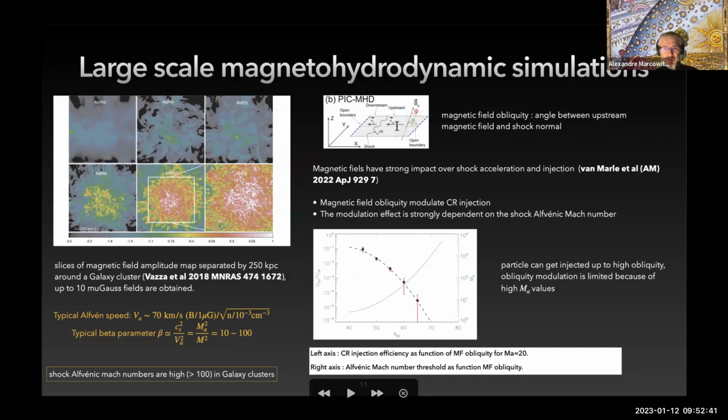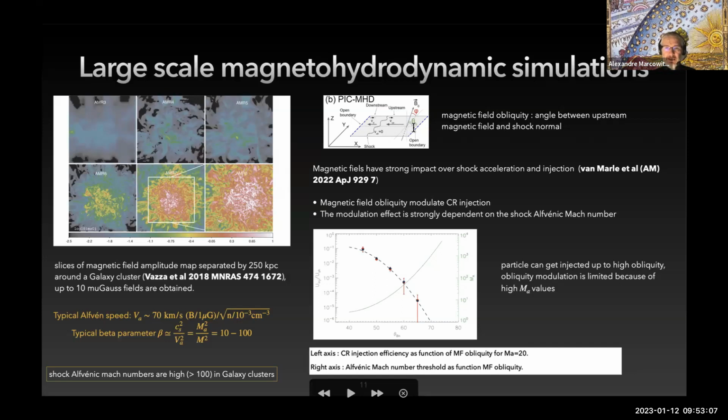Another aspect of the magnetic field, which has been deeply investigated recently for shocks, is the way the magnetic field is oriented with respect to the shock normal, what we call the magnetic field obliquity. Here you have a sketch. The shock is here, upstream and downstream, and the upstream magnetic field has some orientation with respect to the shock normal.